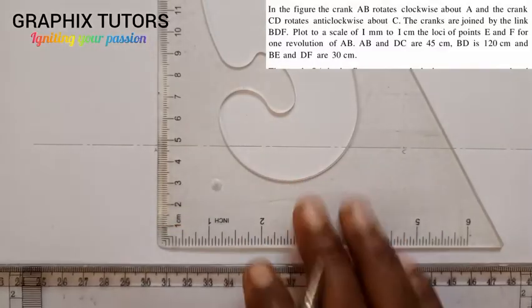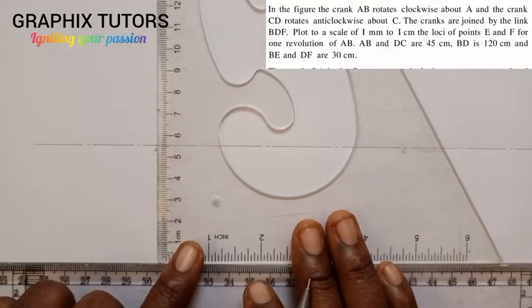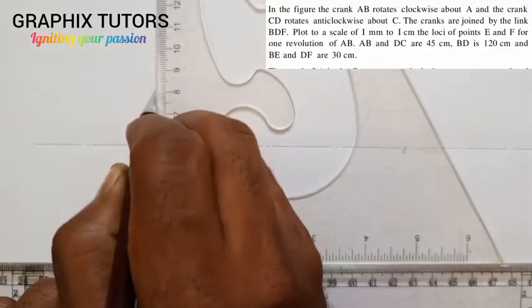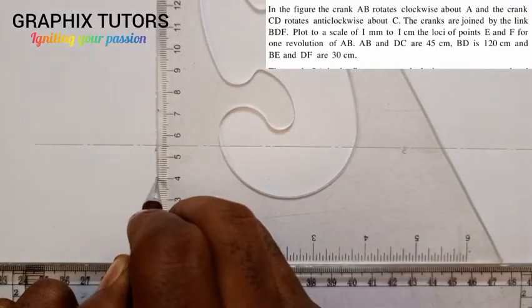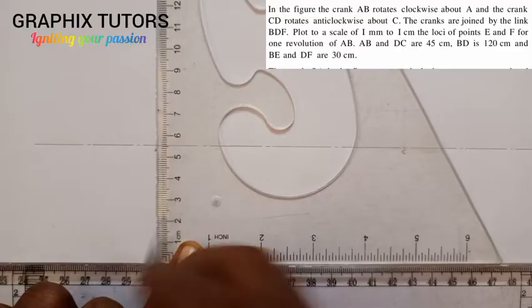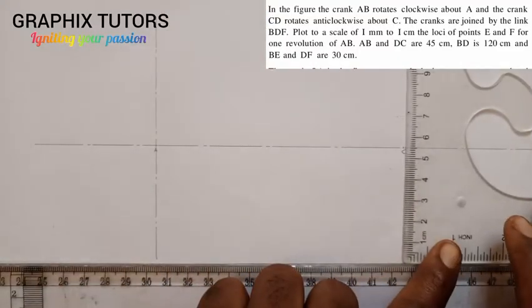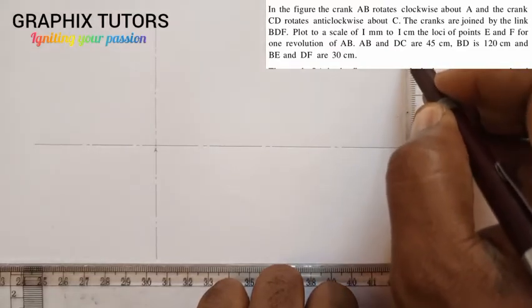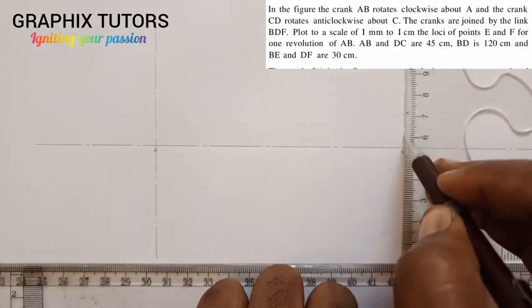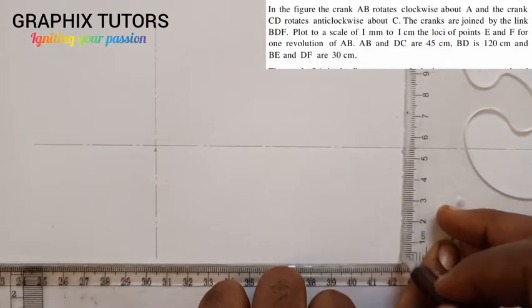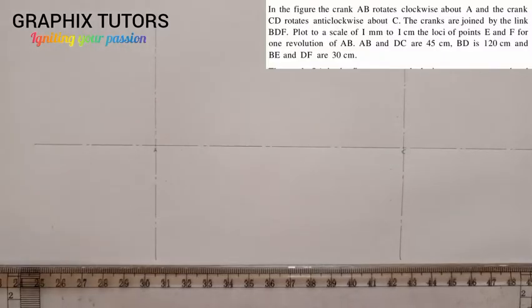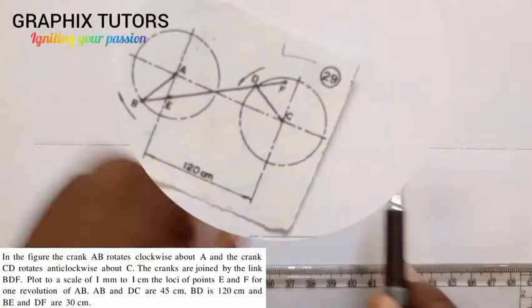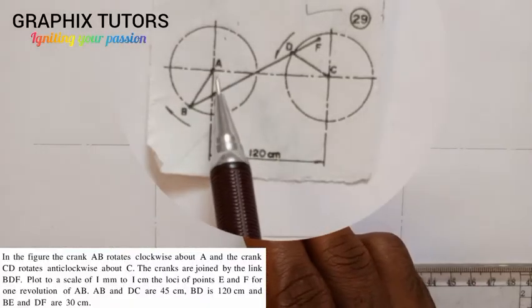So if I come here, I'm going to draw the center line again. Now come to C also. I'm going to draw the center line again. You can see that. So I have successfully gotten the center of A and C. Look at it very well. Center of A and C.